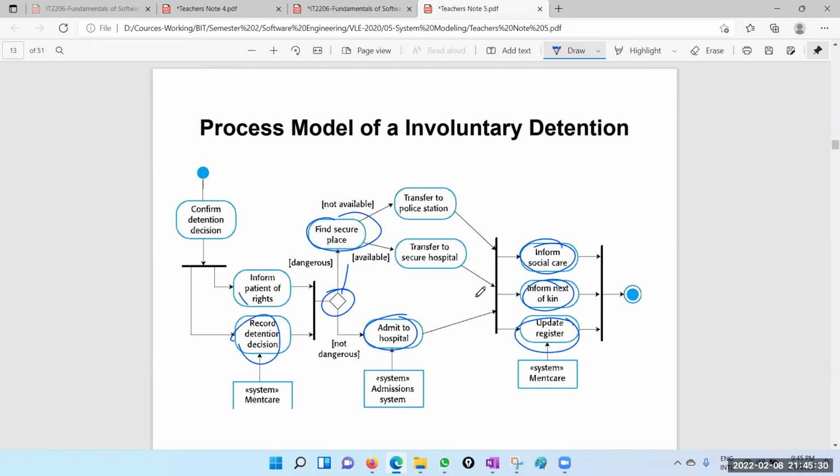You don't have to worry about these exact symbols, because you just have to be aware that there are models which we can use to model a business process. This is a very good example of an activity diagram. Activity diagrams model the process aspect.